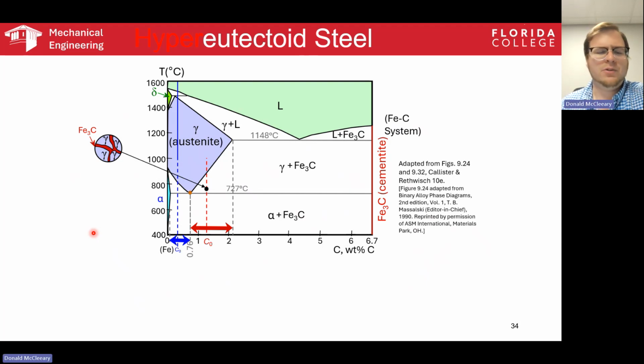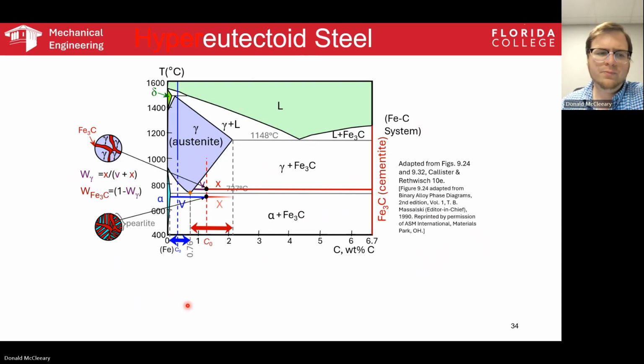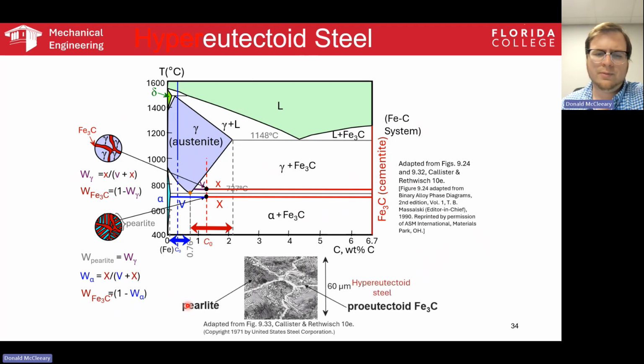Okay, and then just showing that again, that we can do the tie lines, we can get our mass fractions of each quite simply, right? And then here you can actually see what they're trying to draw, which is that you've got your pro-eutectoid cementite lines here, and then in between you've got your pearlite forming.